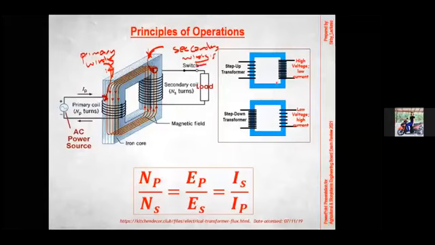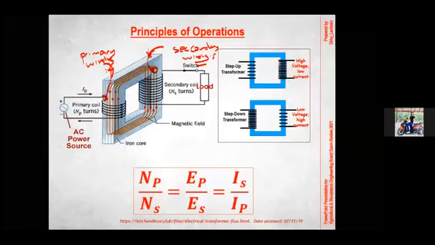So we can say that let's say we have a few number of windings at the source side, but here on the output side we have more windings. And what that means is that if you have more windings, then you have a high voltage on this output.